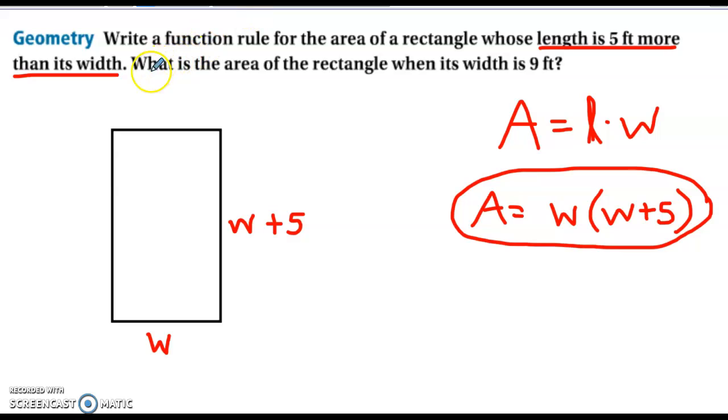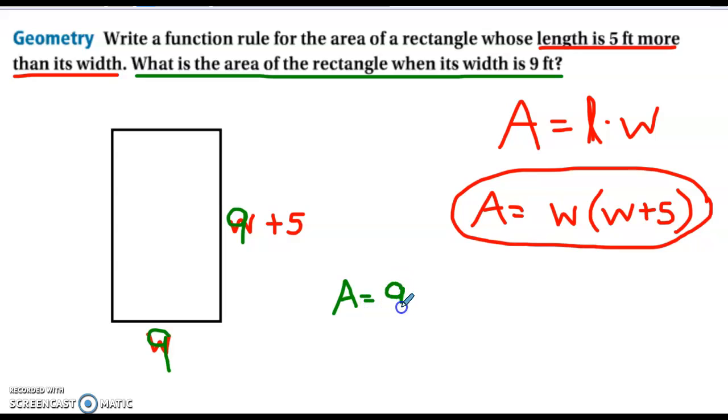Second part, what is the area of the rectangle when its width is 9? Well, if its width is 9, then the length is 9 plus 5, right? So area equals 9 times 9 plus 5.